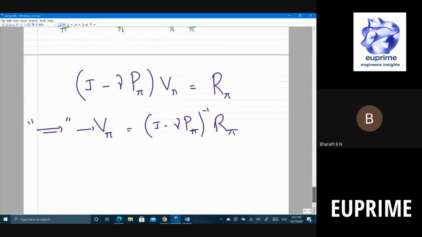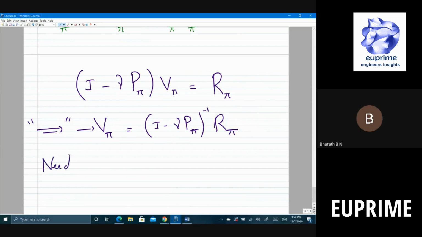Okay, is that fine? So now we need to prove that this inverse exists, right? We need to prove that (I minus nu p pi) inverse exists. Okay, this is what we need to prove, right? So now how do you prove this?